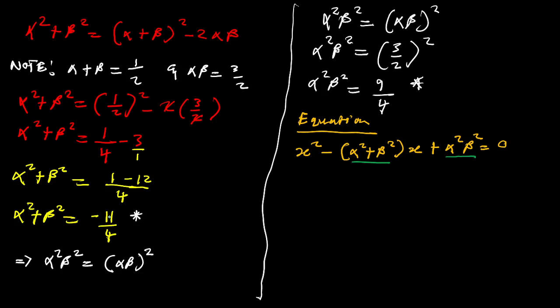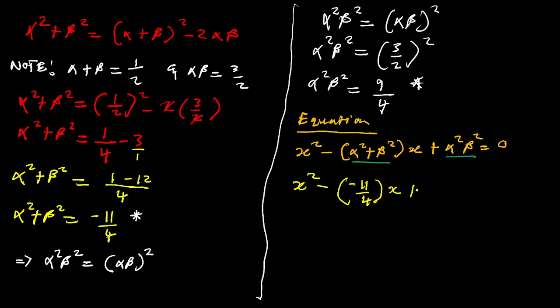So I'm going to have x squared minus open bracket negative 11 over 4 close bracket x, and then plus alpha squared beta squared, which is 9 over 4, is equal to 0.